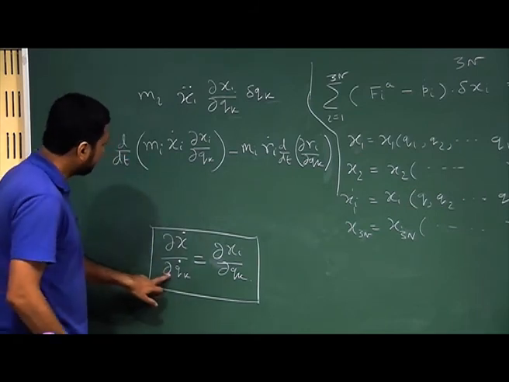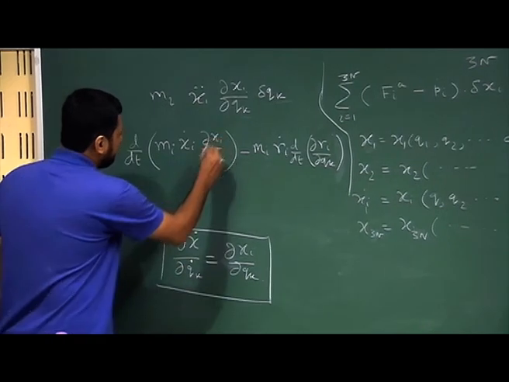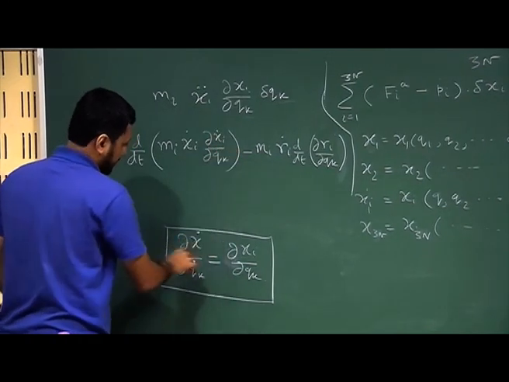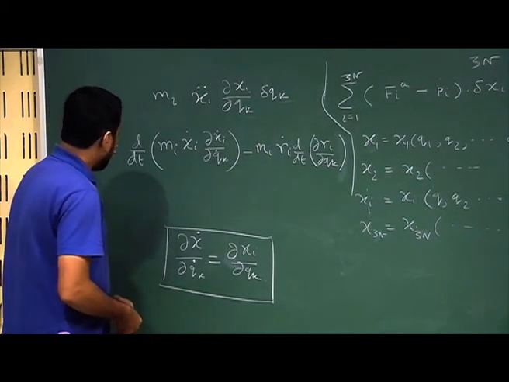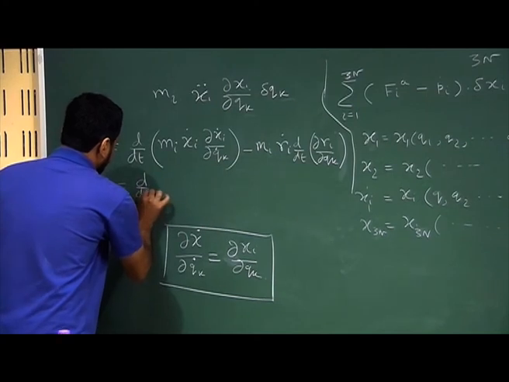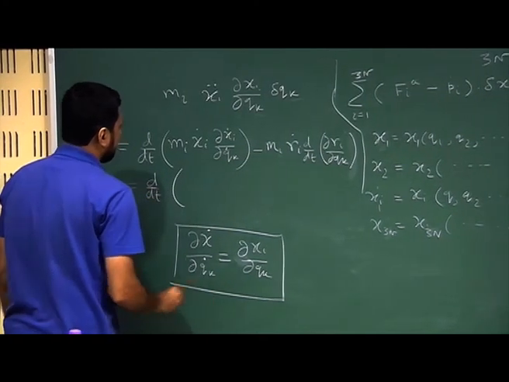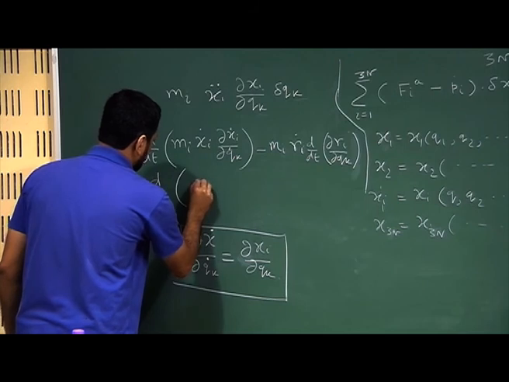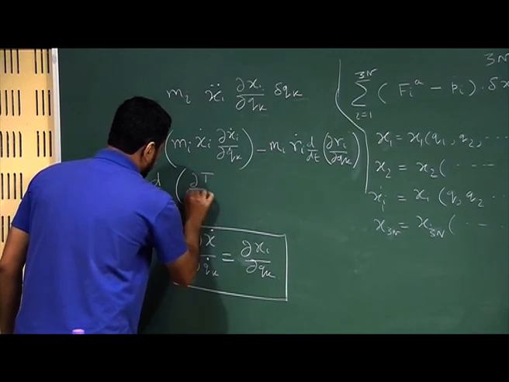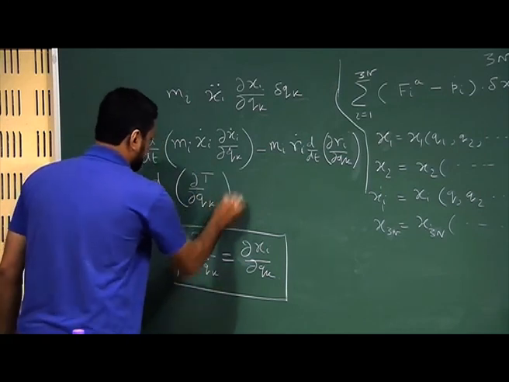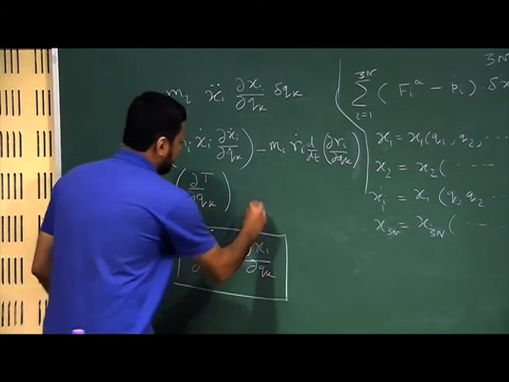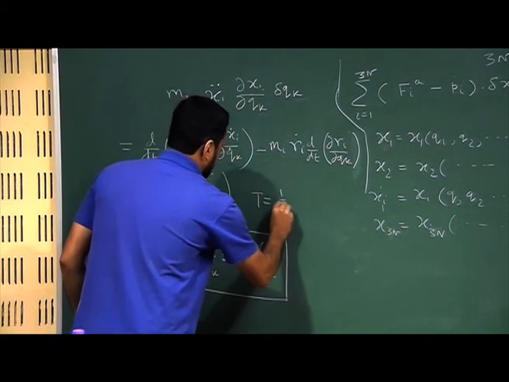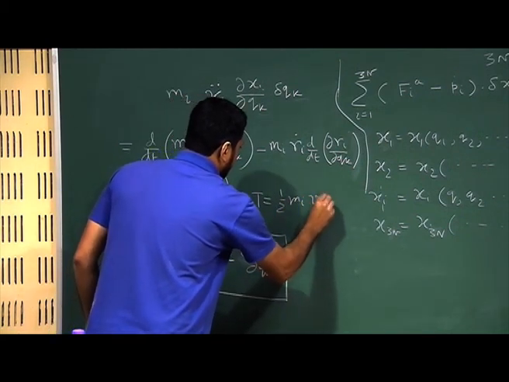Now, using this relation, if I put two dots here, it will be a valid modification, and readily I can show you that this quantity is nothing but a partial derivative of the total kinetic energy, which has the form T is equal to half mi Vi square.